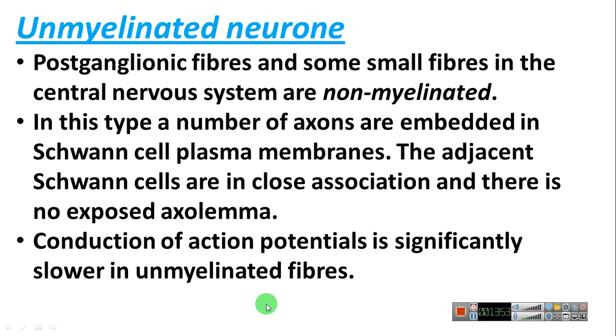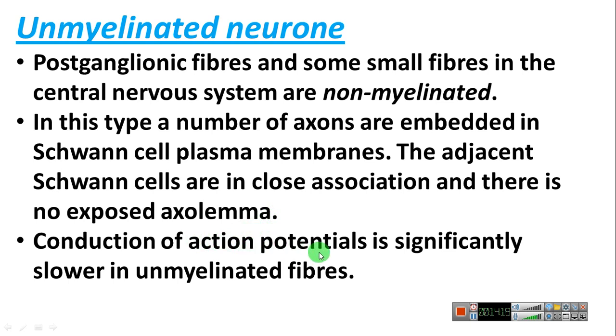Unmyelinated neurons: postganglionic fibers and some small fibers in the central nervous system are non-myelinated. In this type, a number of axons are embedded in Schwann cell plasma membranes. The adjacent Schwann cells are in close association and there is no exposed axolemma.